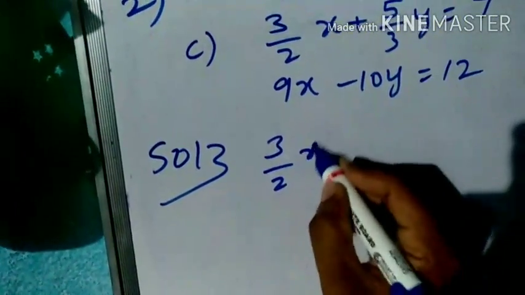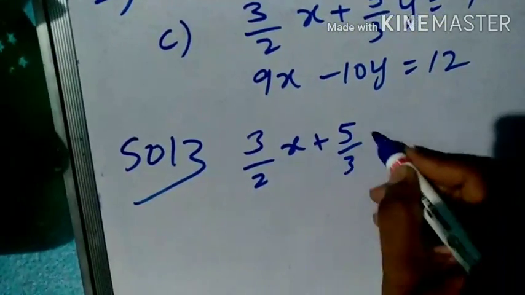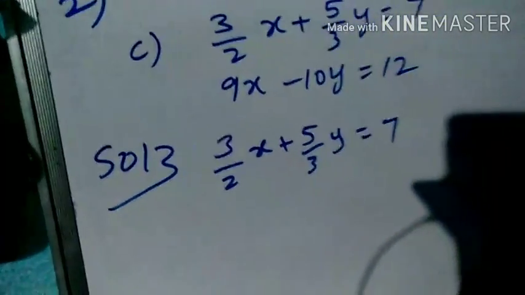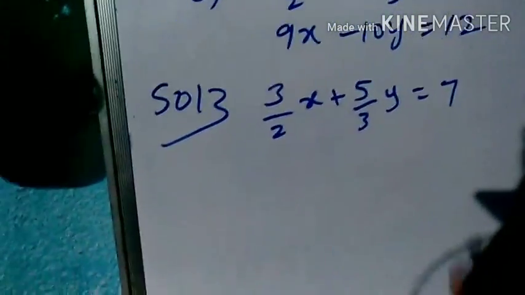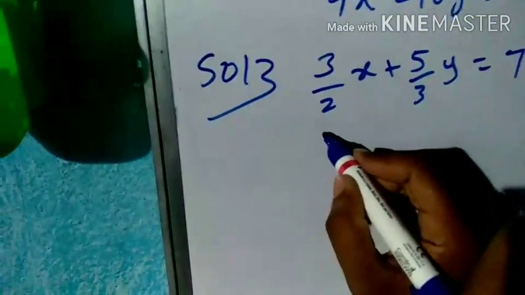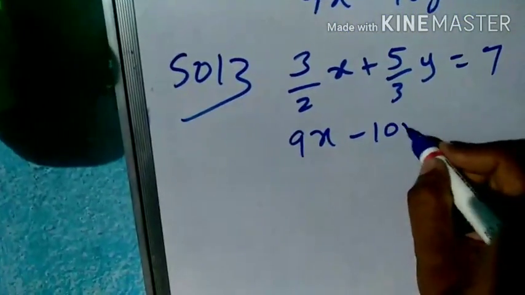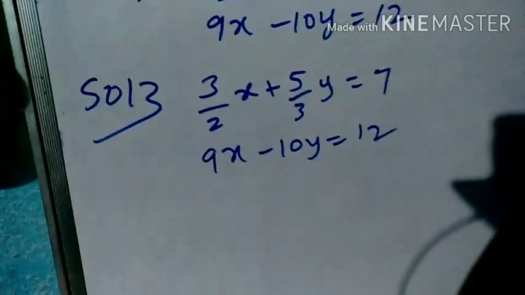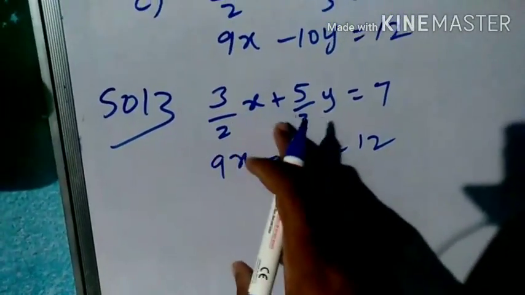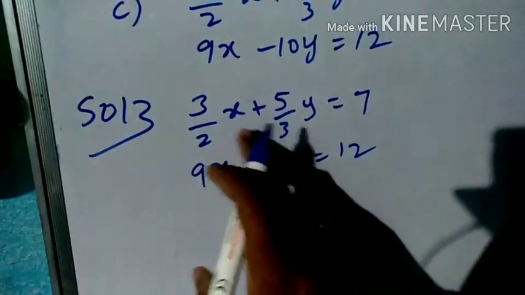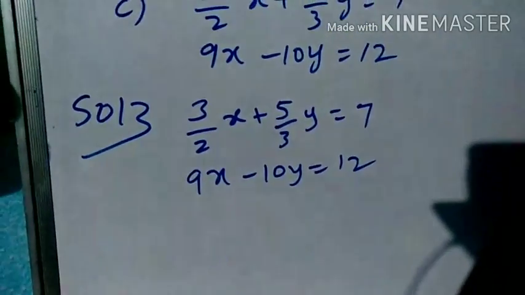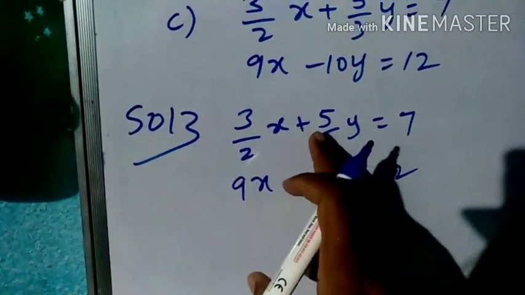3 by 2x plus 5 by 3y is equal to 7. Next, 9x minus 10y is equal to 12. So first, for this equation, it is in fractions.